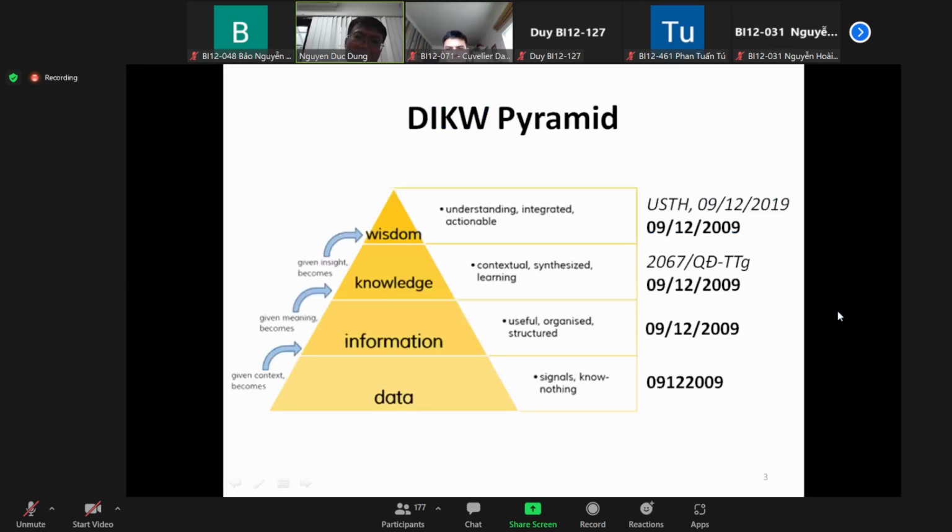Let me talk again about the DIKW pyramid. As you all know, everything stored in our computers is a sequence of 0s and 1s.